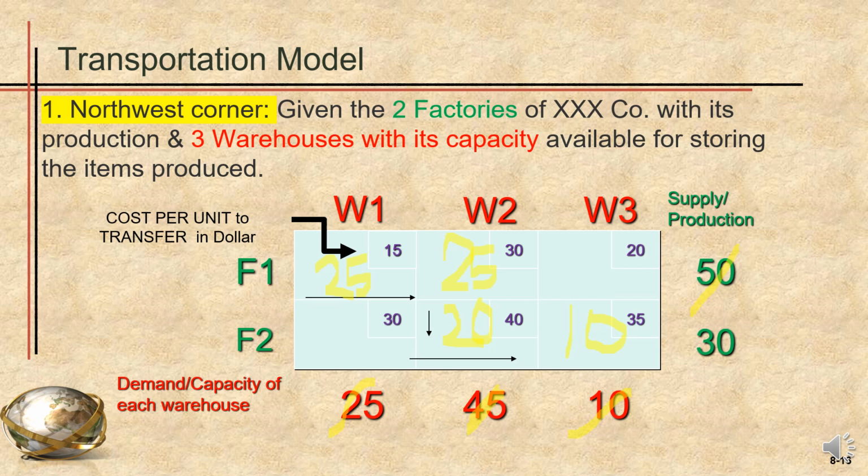Then, for factory 2, we have 20 here and 10 added, so there will be no problem with our supply, and we can now cross out factory 2. So this will be your assignment of number of units under the northwest corner method.